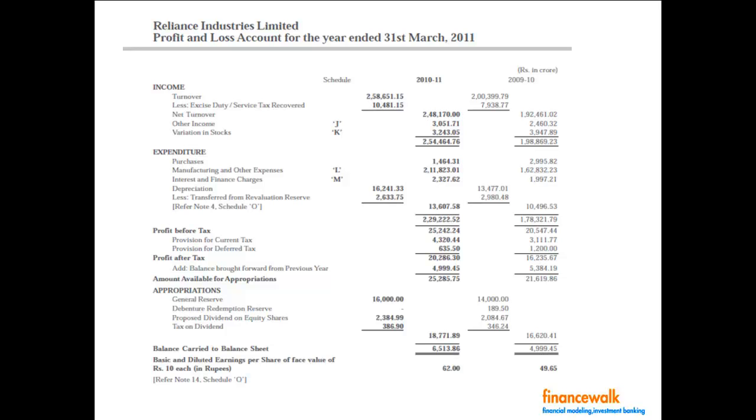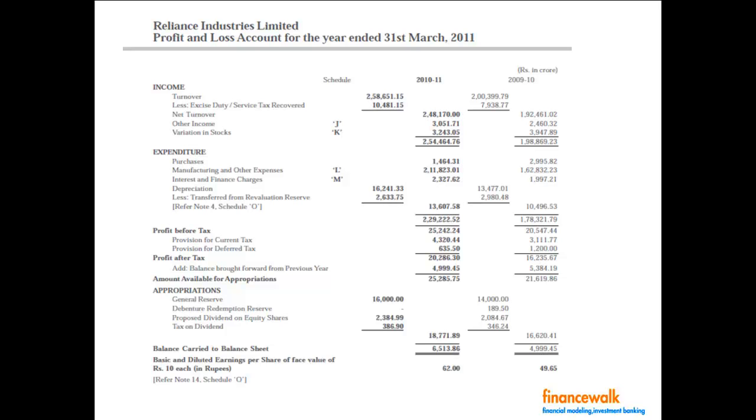First a general reserve, then debenture redemption reserve, proposed dividend on equity shares, and tax on dividend. These are typical items in any appropriation. Remember, the dividend is given out of this appropriation amount, and the rest of the amount is the balance carried to the balance sheet.